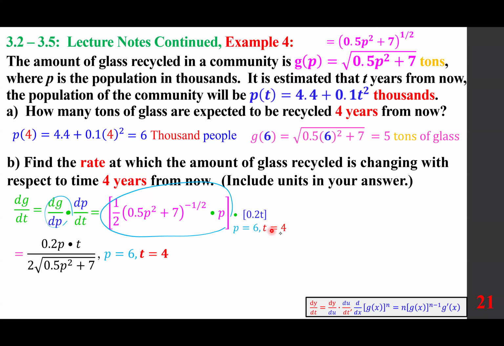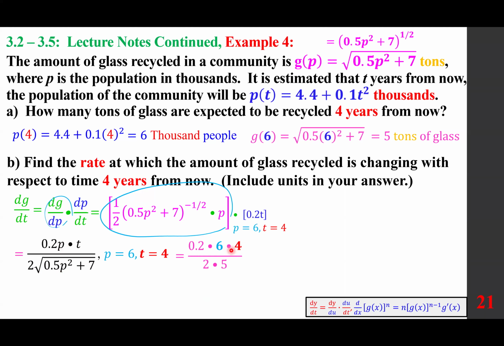Again, P is 6, t is 4. We are going to replace the P and t accordingly. And I hope you recognize right here, if I replace the P with 6, I get the same answer as 5 here. So this one is 2 times 5. Again, plug in 6, 36, half of it is 18 and 7. 25 comes out as 5. 0.2 times P, which is 6, times t, which is 4.